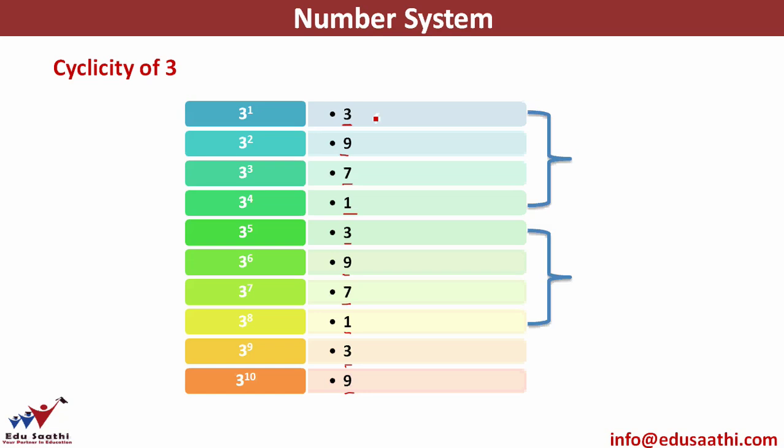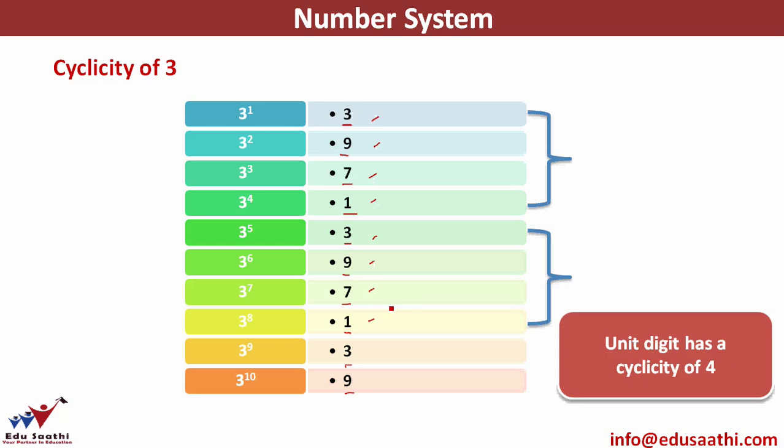So the unit digits of a number ending with 3 raised to any power repeat in a pattern 3, 9, 7, 1, 3, 9, 7, 1 and so on. So I will again say unit digit 3 has a cyclicity of 4. That means the repetition cycle is 4.